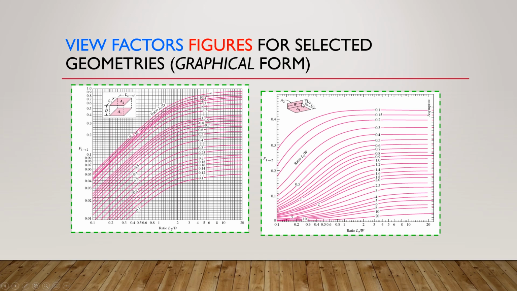So this is surface 1, A1 to A2. If you have rectangular surfaces, rectangular geometries, we have these kinds of figures here. If A1 stretches this way, from bottom to top, and A2 to the side, you will use this graph.